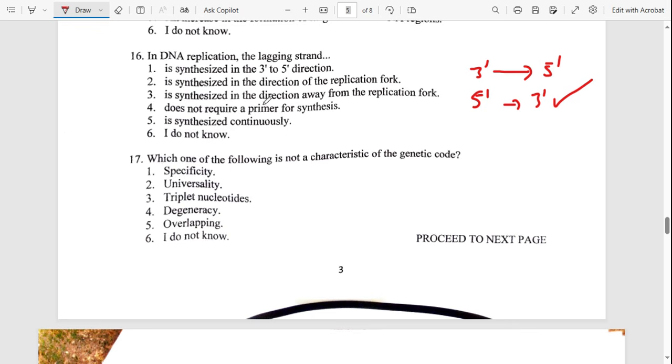Option 3 says synthesized in the direction away from the replication fork. This is true, isn't it? Does not require primers? It actually requires a lot of primers. Synthesized continuously? No, it is discontinuous. So synthesized in the direction away from the replication fork is correct. Option 1 says synthesized in the 3' to 5' direction. Would we exclude this? Probably they are referring to the strand that you are reading.